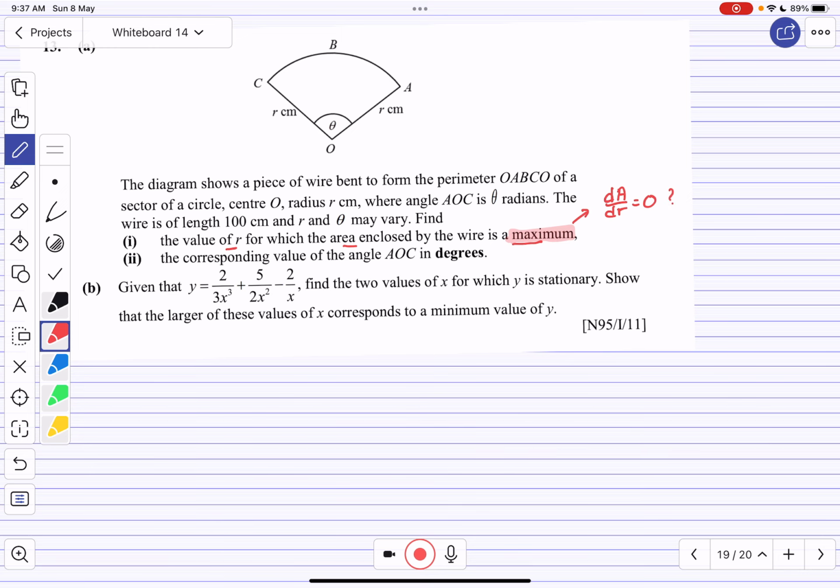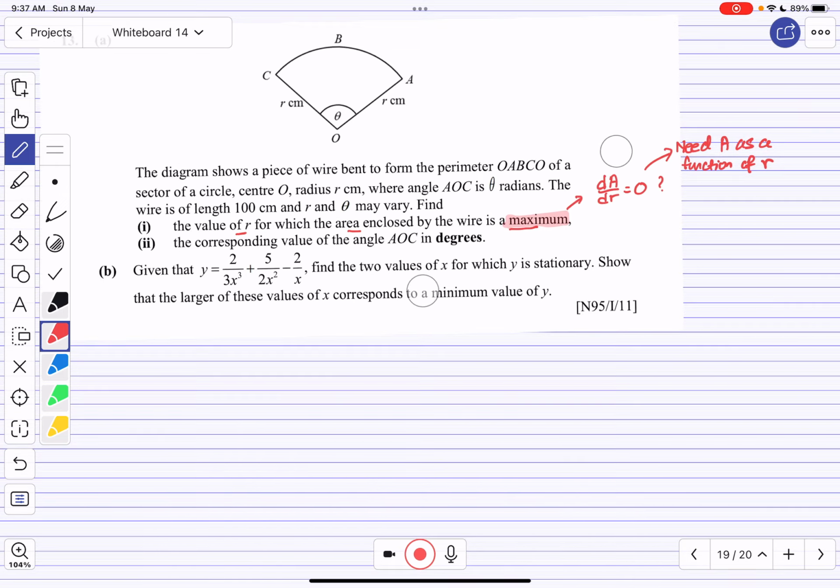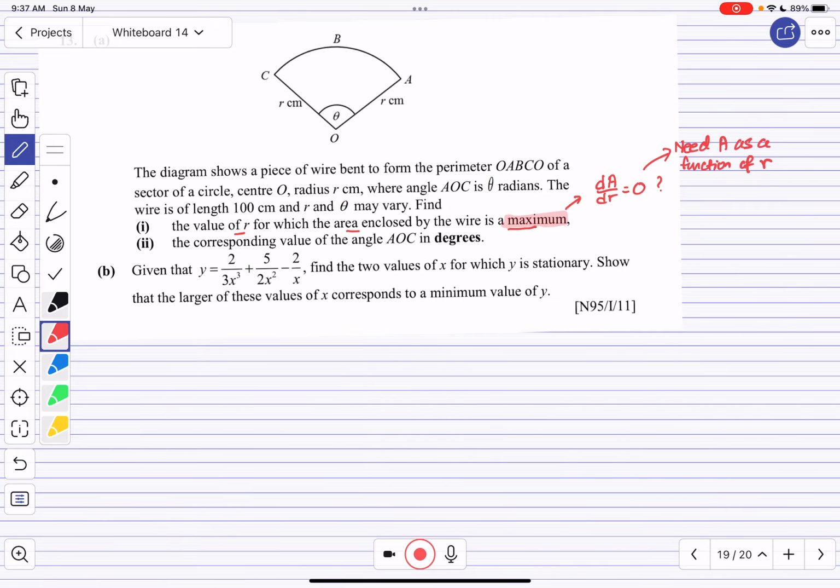So the step right before this is that we will need our A probably as a function of R in order for us to conduct our differentiation.